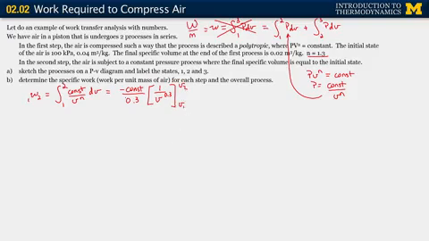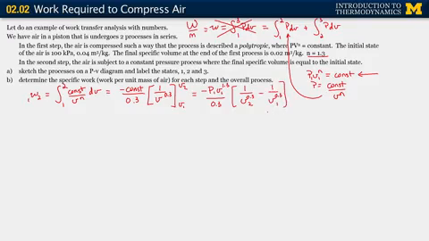And if we go ahead and say, hey, this constant can be determined by using either the information at state 1 or state 2, whichever one is fully defined. And in this problem, of course, P1 and the specific volume at state 1 are fully defined. So we can go ahead and substitute that in here, to the 1.3 power divided by 0.3, and then we have 1 divided by the specific volume raised to the 0.3 power at state 2 minus this parallel expression for the state 1 condition.